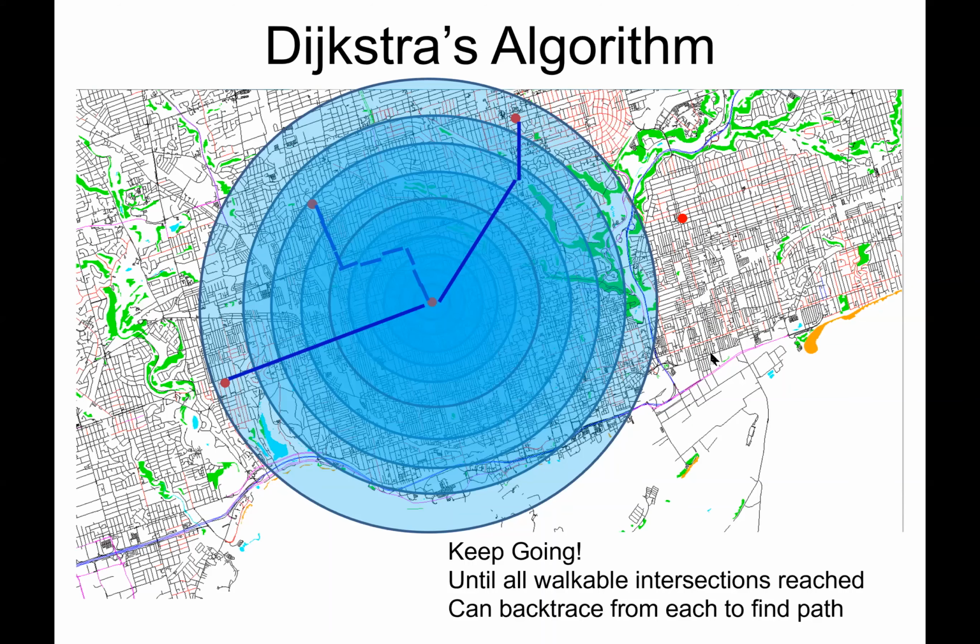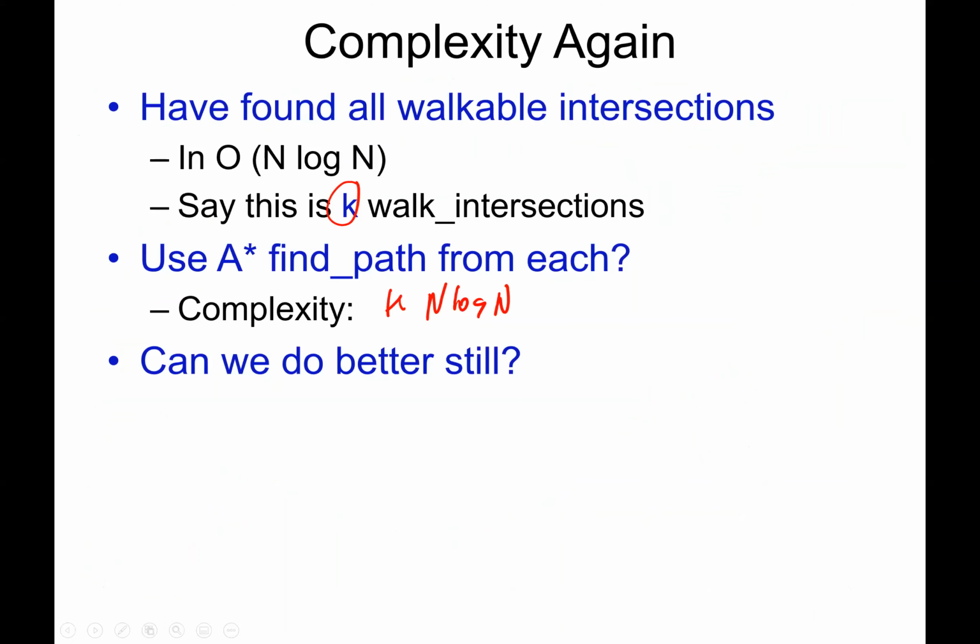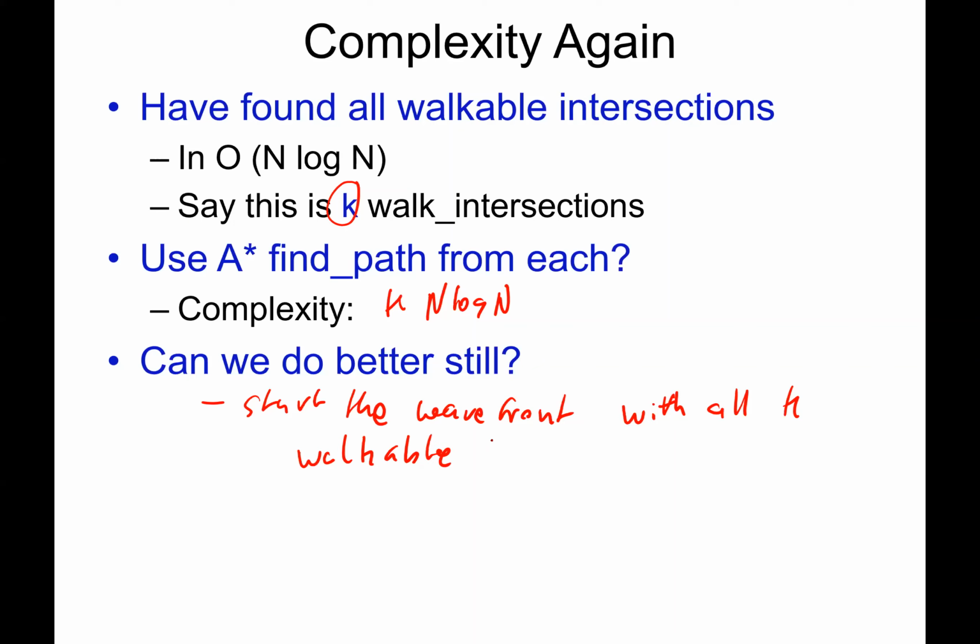Your wavefront, so far, you've been starting with a single node, right? It's always been the starting intersection, and that's what you put in your wavefront to begin. Okay, so we can start the wavefront, instead of with one node, one possible source, with all k walkable intersections.